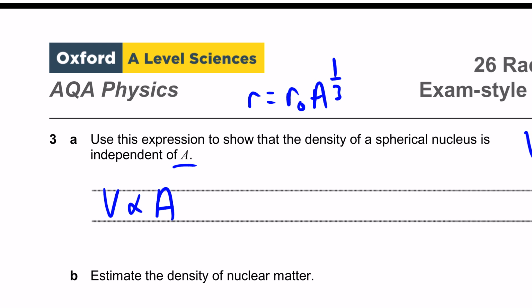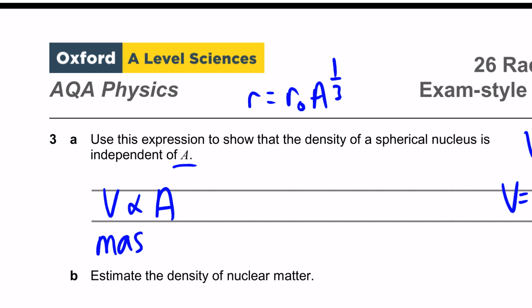Or if you want to do it more expressively, volume is 4/3 pi r cubed, which is the same as 4 pi r naught cubed A over 3. So V is proportional to A.